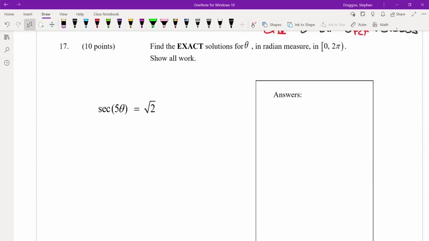And with the last problem that I'll cover today, finding the exact value for theta in radian measure between 0 and 2 pi for secant of 5 theta equals square root 2. This is the same thing as cosine of 5 theta equals 1 over square root 2, which in turn is square root 2 over 2.